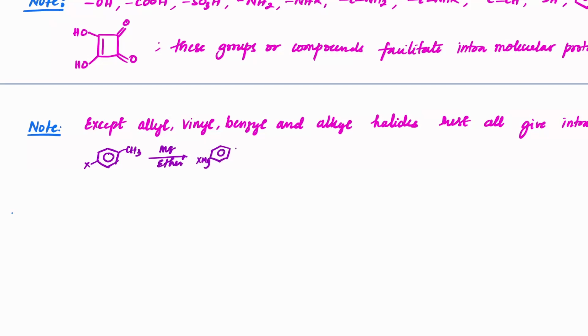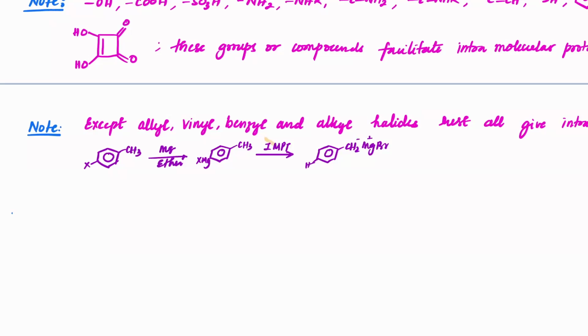MgX here with CH3 here, and then I'm expecting some intramolecular proton transfer, IMPT, by making this into H here and CH2 minus and MgBr plus. This will not happen.